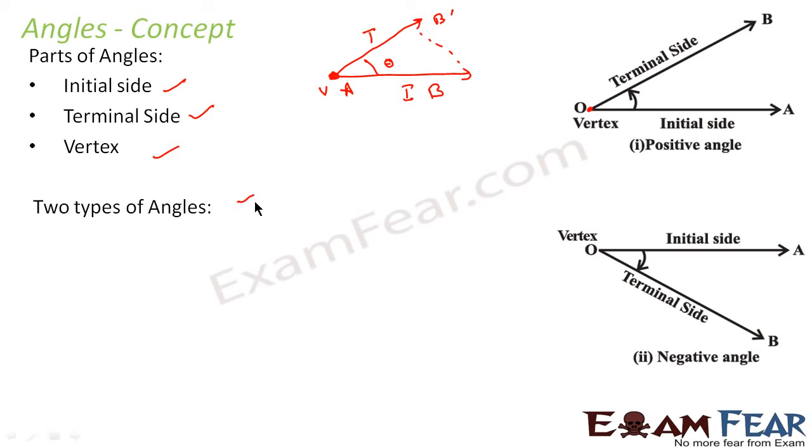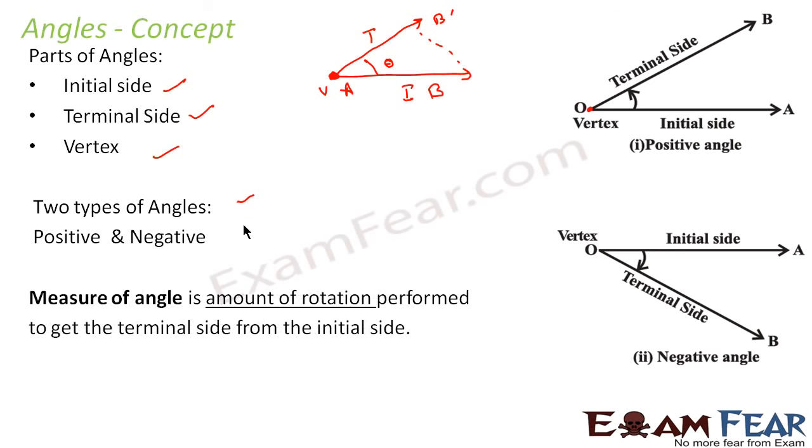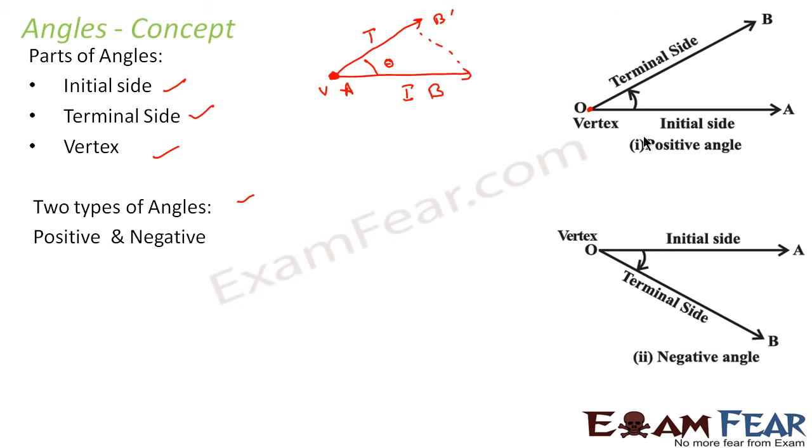There are two types of angles. One is positive and the other is negative. When we rotate this angle in the anti-clockwise direction, it is positive. For example, if this is a line AB, and if you rotate this to this side in the anti-clockwise direction, this is a positive angle.